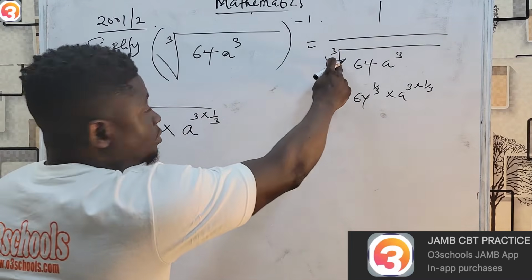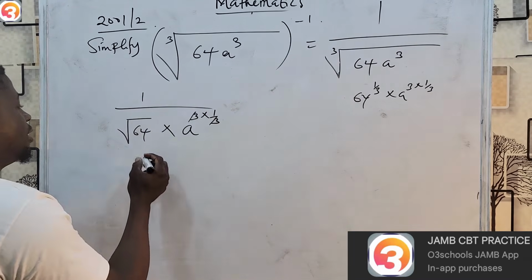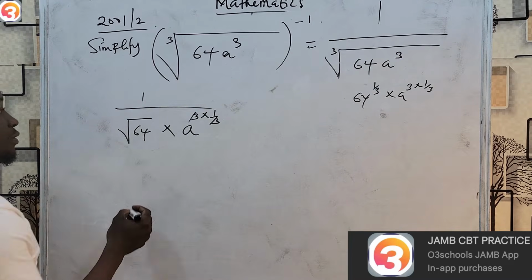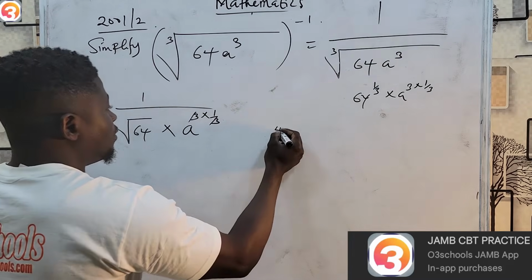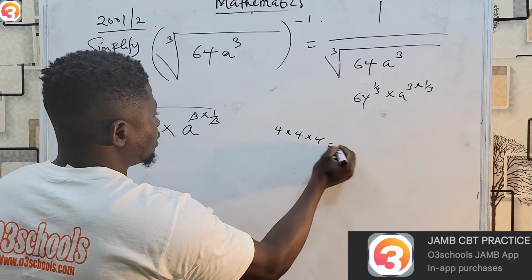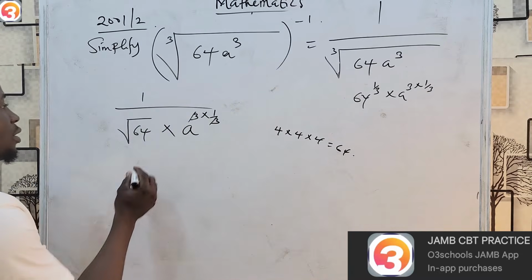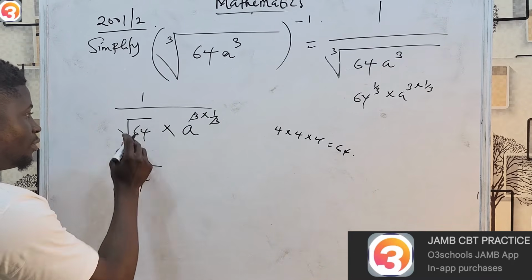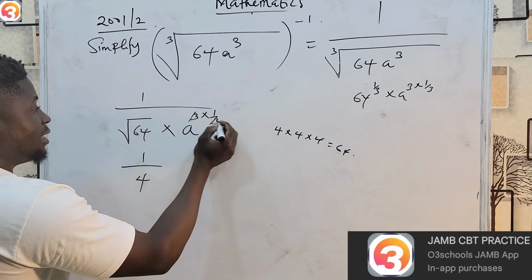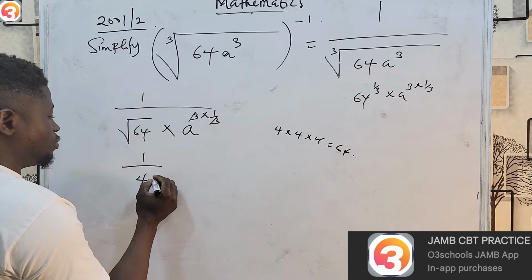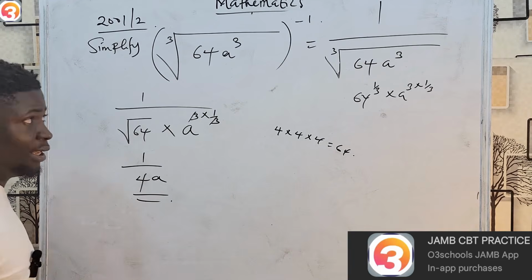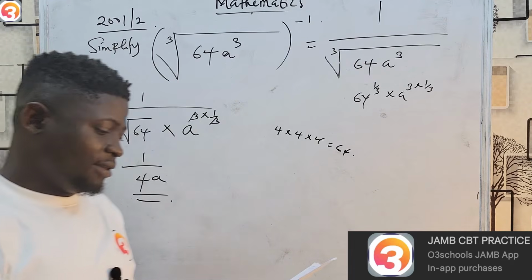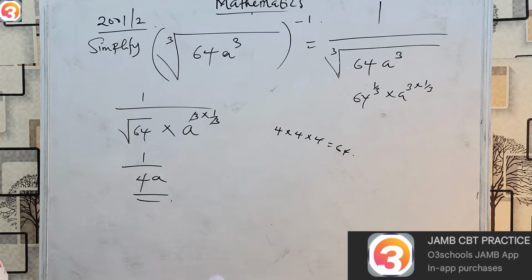So now, 3 will cancel 3. Then the third root of 64 will be 4, because 4 times 4 times 4 is 64. So I'm going to have 1 over 4, and then 3 has cancelled 3. That is 1 times 1 is 1. 1 over 4a. It's very easy. Within 2 steps, we have gotten our answer.